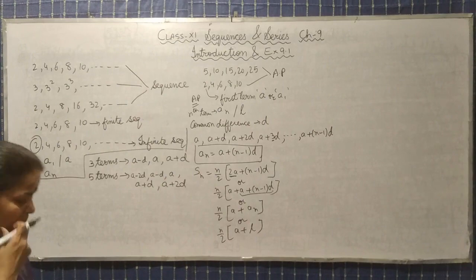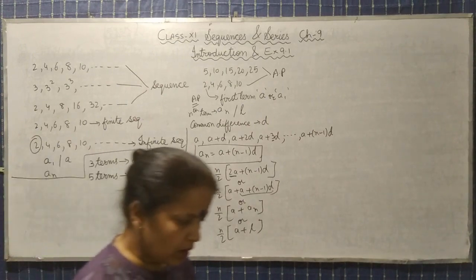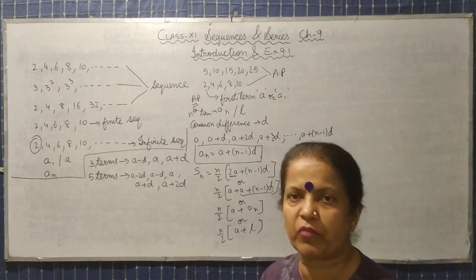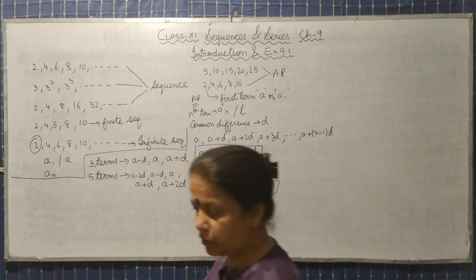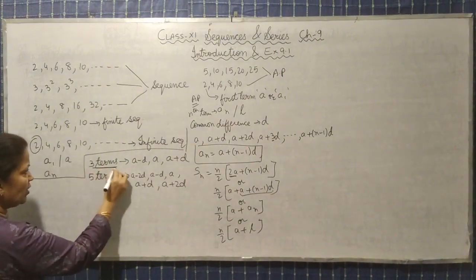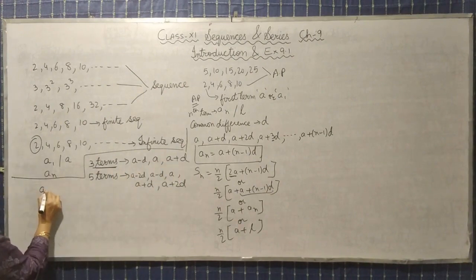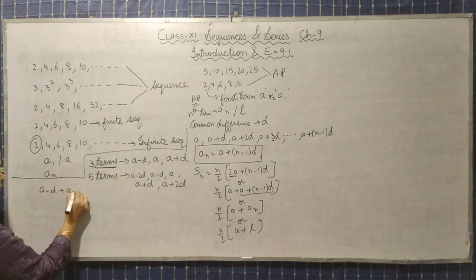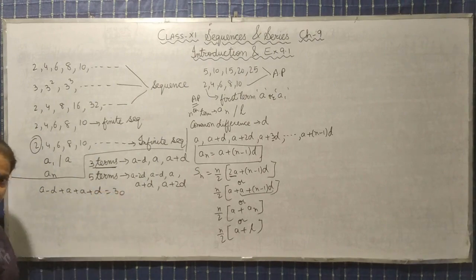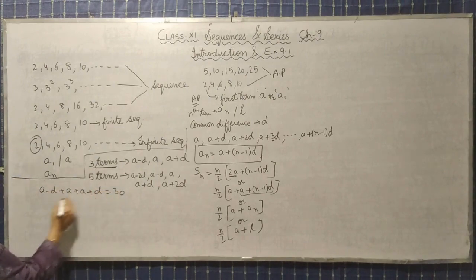So remember, if we say the sum of three terms of an AP is 30, find A. How will you write it? Sum of three terms of an AP. So three terms means these are the terms. Its sum is given as 30, so we can write 30. D cancels.